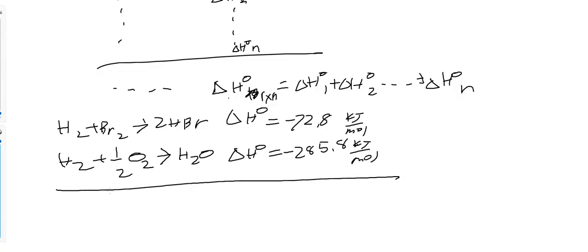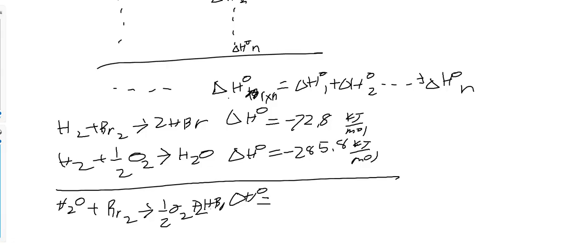Say we want to find the delta H naught value of the reaction H2O plus Br2 turns into half an oxygen plus 2 HBr. Then what would the delta H naught be?